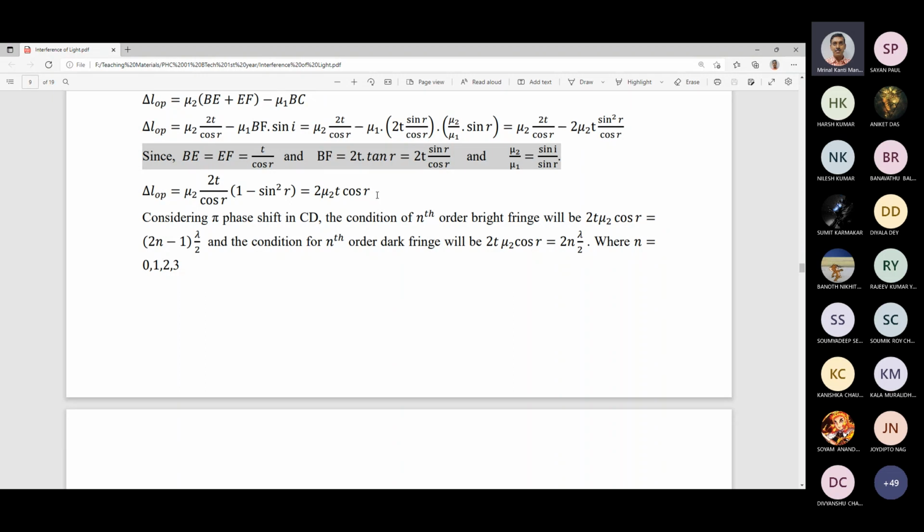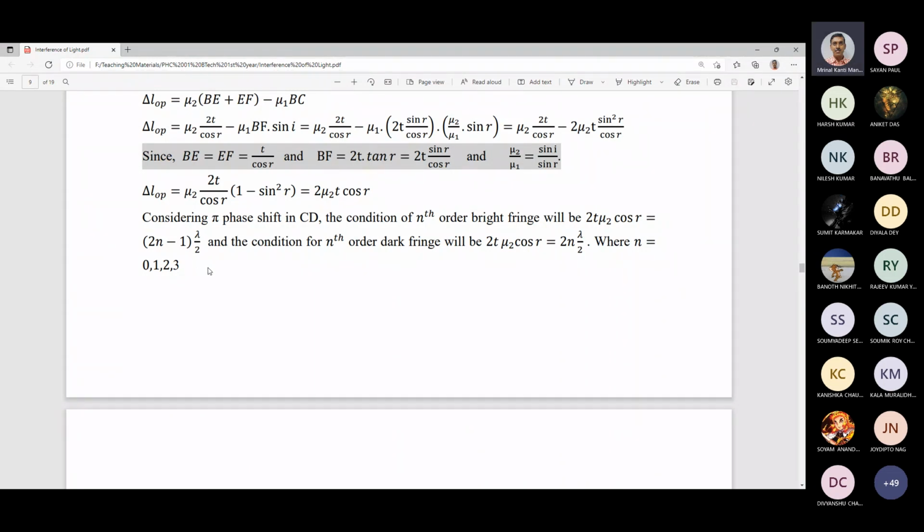So the first beam undergoes a phase shift of pi. So it will give you the condition of minima when this path difference is equal to n lambda, right? That is twice mu t cos r equal to (2n minus 1) lambda by 2.